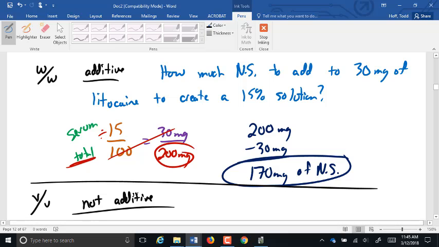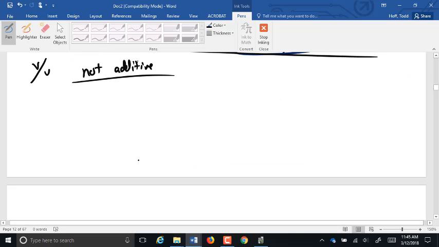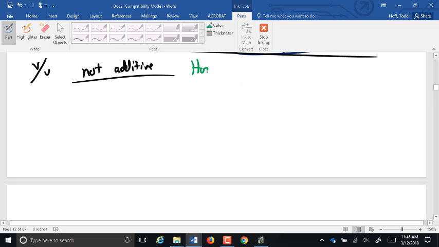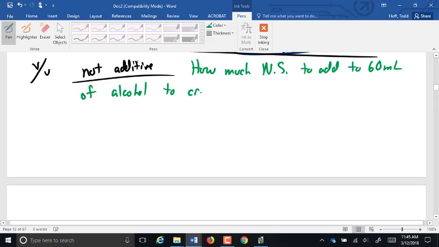So now if this is a volume and volume solution, let's say we want to know how much saline to add to 60 milliliters of isopropyl alcohol to create a 20% volume and volume solution.